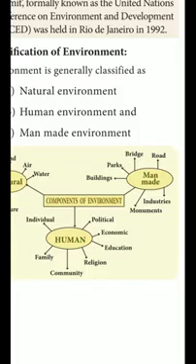So, man-made environment has been created by man himself for the purpose of fulfilling his need and to make his life more convenient and easy. In order to make his life easy, they have created all this environment.